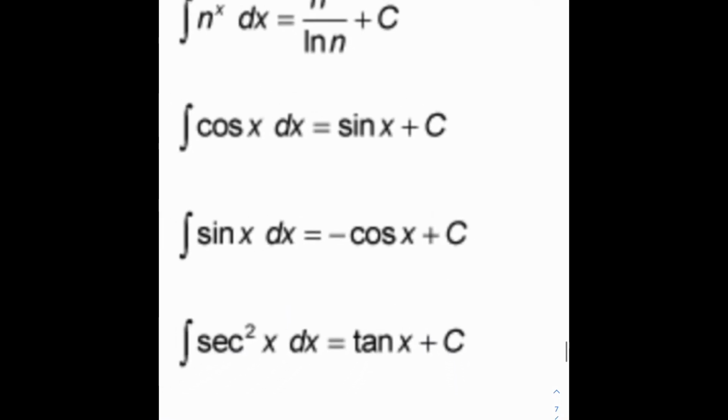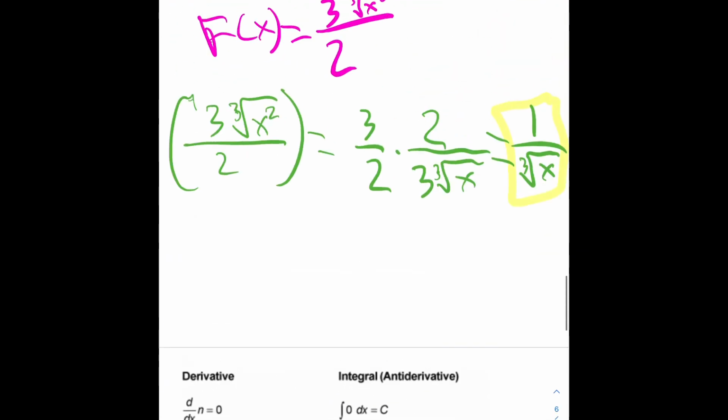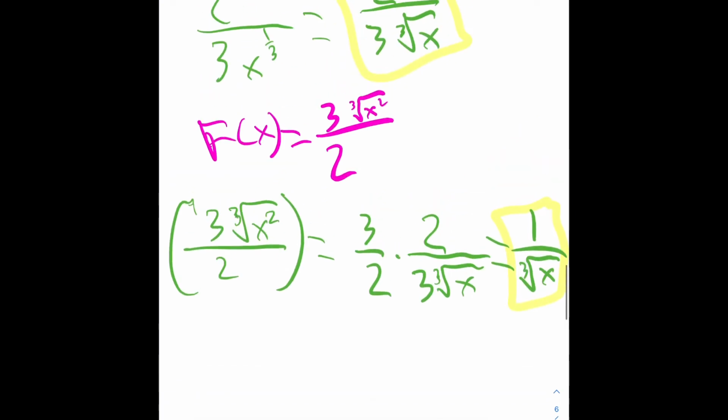It's good to see them, and I think it's nice to see them back to back. So if you're finding the derivative of sine x, you know it's cosine x. If you want to find the antiderivative of sine x, it's going to equal negative cosine x plus c. Notice all the antiderivatives do have plus c on them, which I guess we should have added over here.